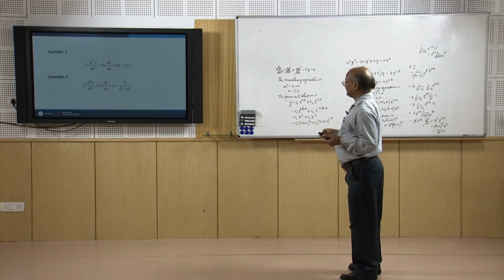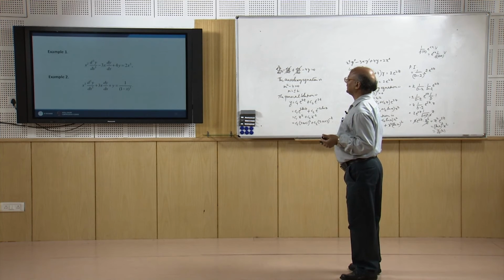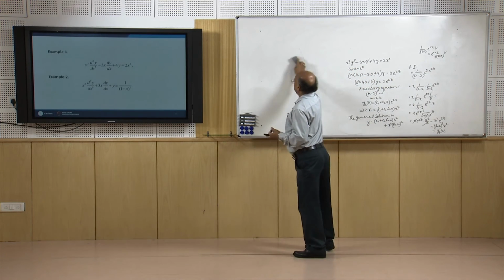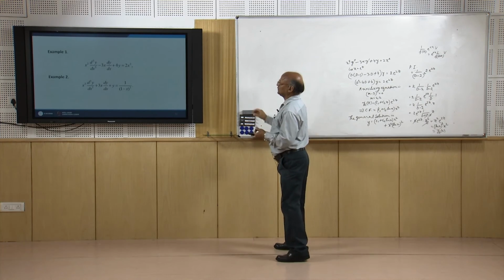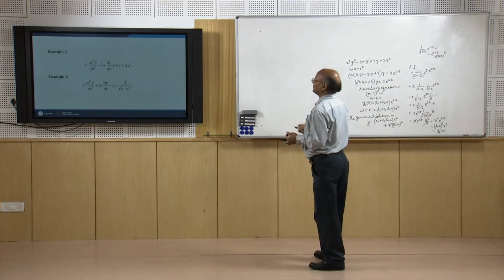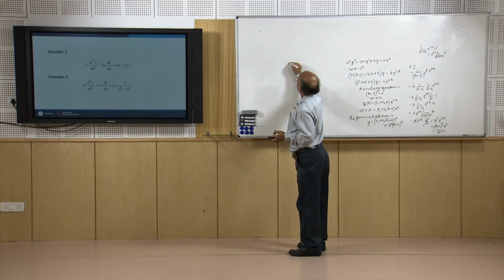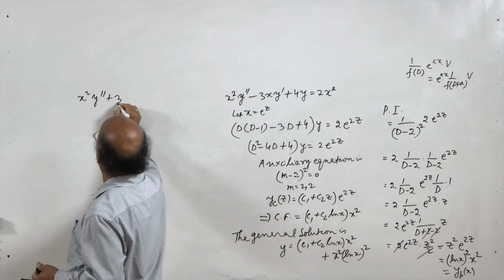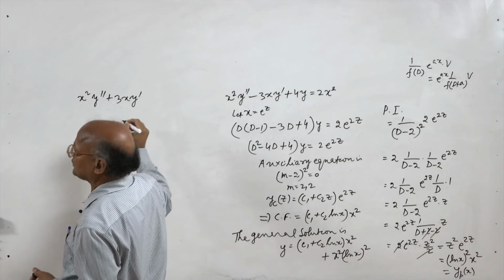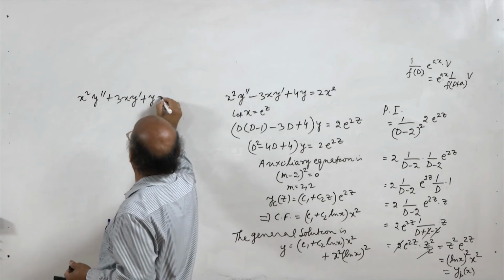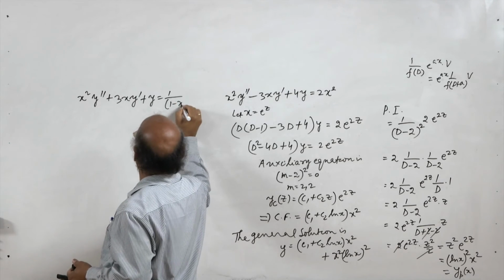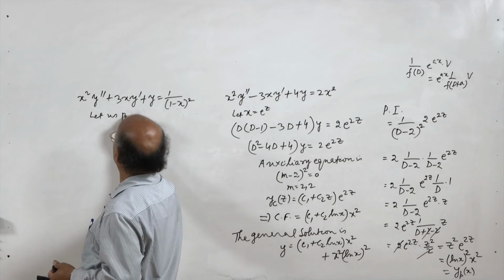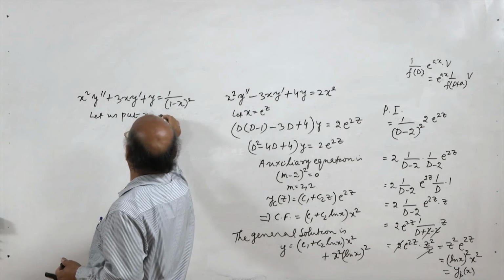And one more differential equation we have taken, let me just give a hint here, because no formula will be applicable here, we have to apply the general method to find the particular integral. So x² y'' + 3x y' + y = 1/(1 − x)². So again let us put x equal to e to the power z.